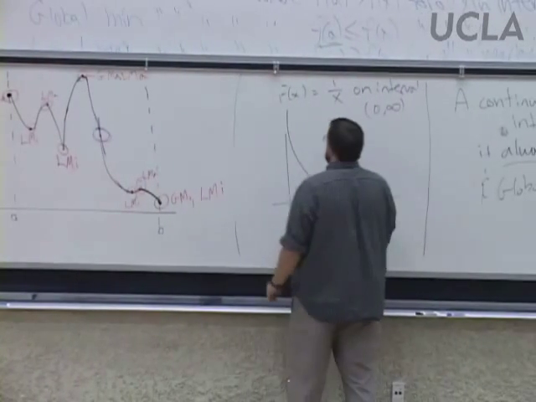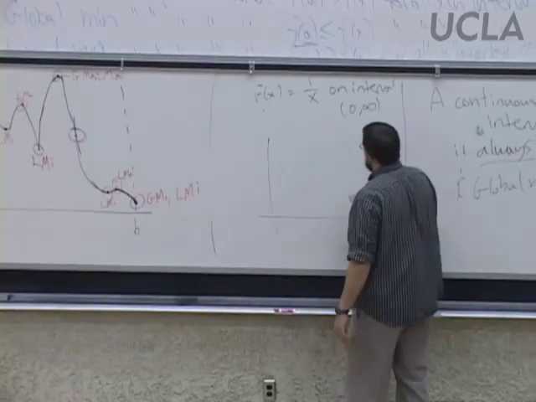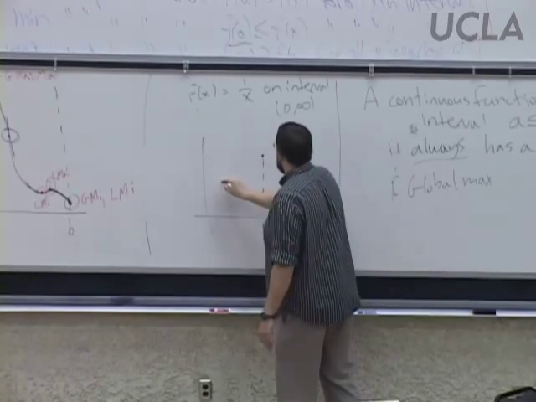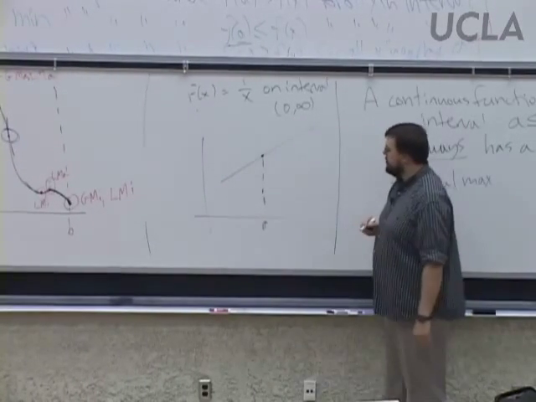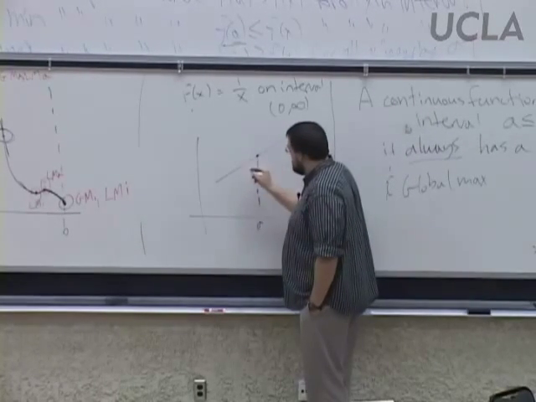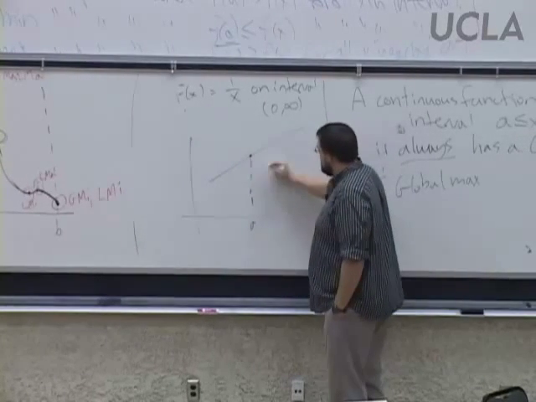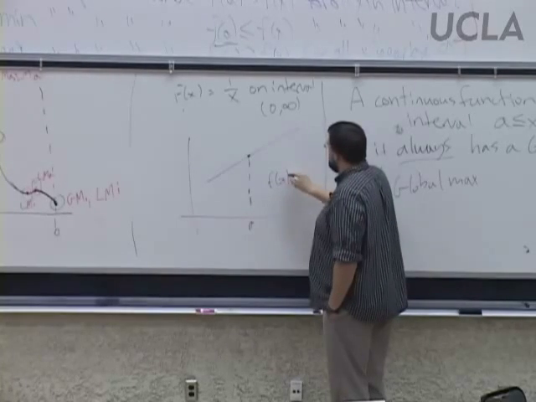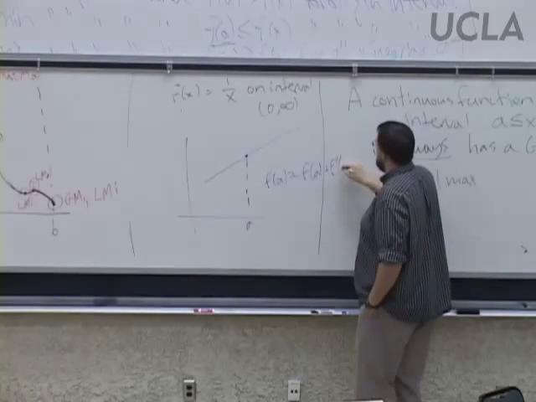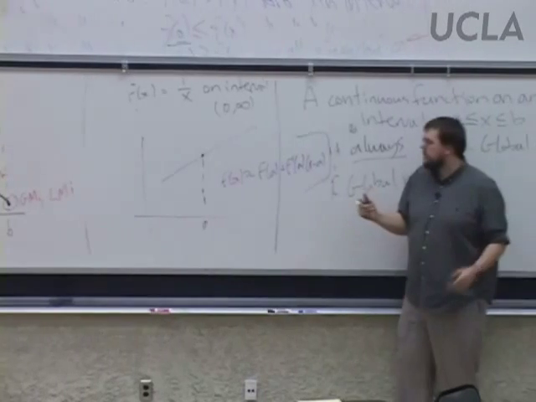If I have my function, and here's my a, I know the derivative is not 0. So that says my tangent line is not flat. So my tangent line looks like this. If this is my tangent line, what I remember from the linearization is that f of x is approximately f of a plus f prime of a times x minus a, and this is a good approximation for x near a.